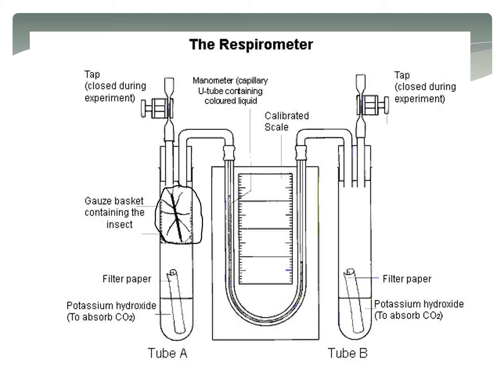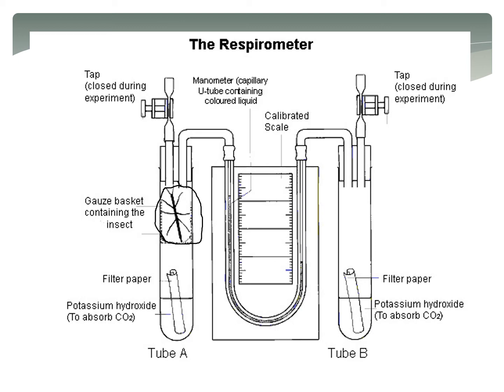So what would happen is, as this insect carries out respiration, your liquid would draw up. The reason being is every time this insect carries out respiration, it's going to produce carbon dioxide. But the carbon dioxide is going to be absorbed by your potassium hydroxide, so it's going to create a sucking action, like if you were sucking up a straw.